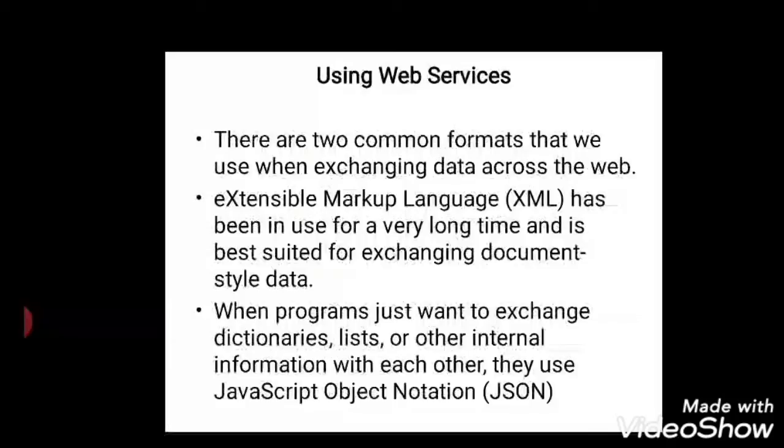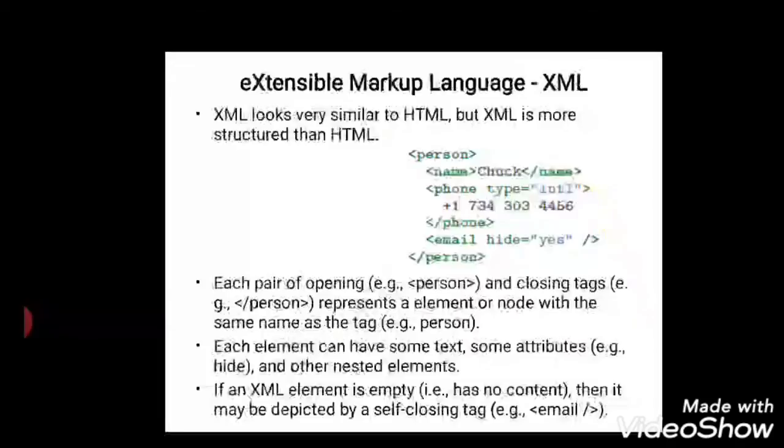It has been in the market for a long time, and is best suited for exchanging document-style data. When programs exchange dictionaries, lists or other internal information, we use JSON, that is JavaScript Object Notation. We will be talking about both these formats in the upcoming slides.